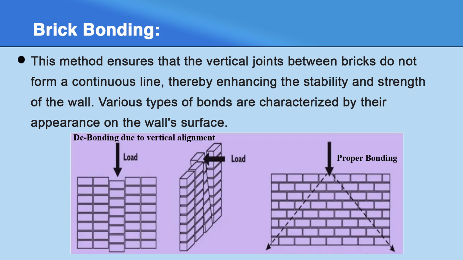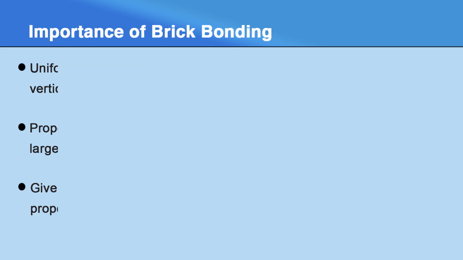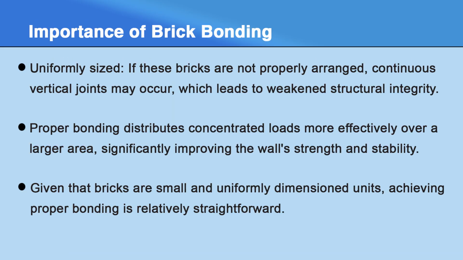By staggering the vertical joints, the brick bonding prevents the formation of weak lines that otherwise could lead to cracking or failure. So, the primary importance is that we have to avoid the vertical joints.